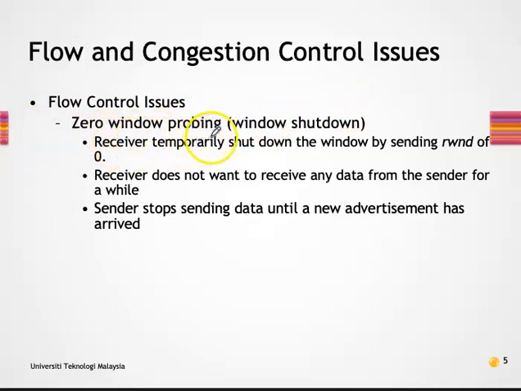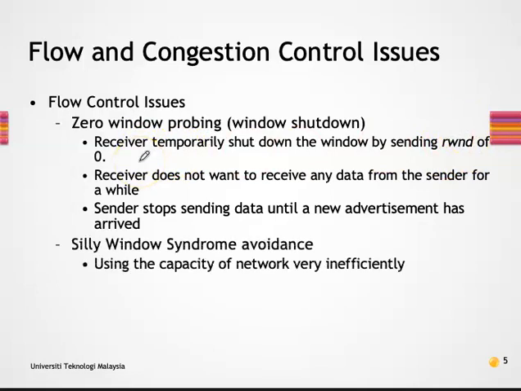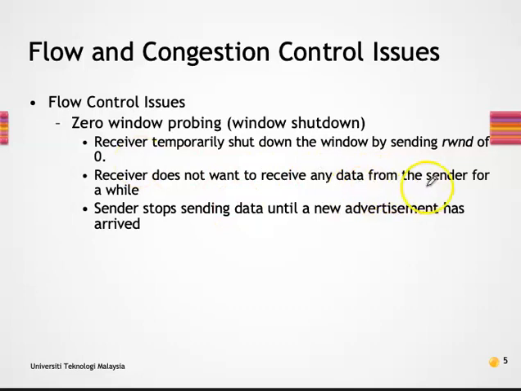The receiver will temporarily shut down the window by sending an RWND value of 0. This means that the receiver does not want to receive any data from the sender for a while, and this will make the sender stop sending data until a new advertisement has arrived.